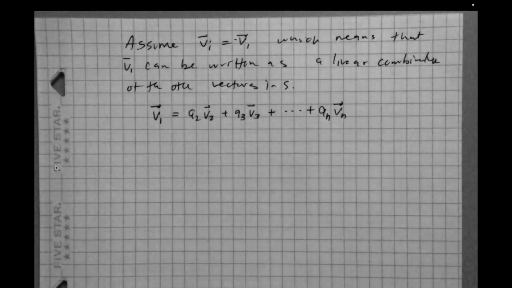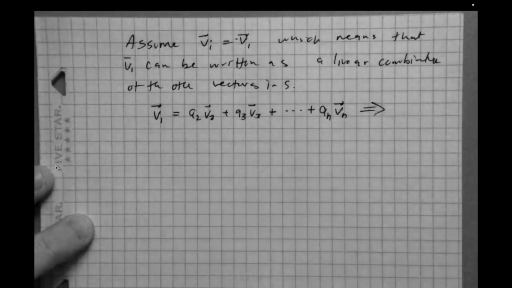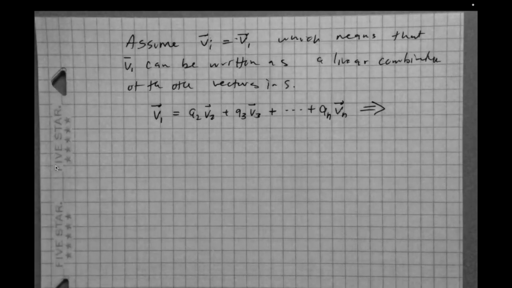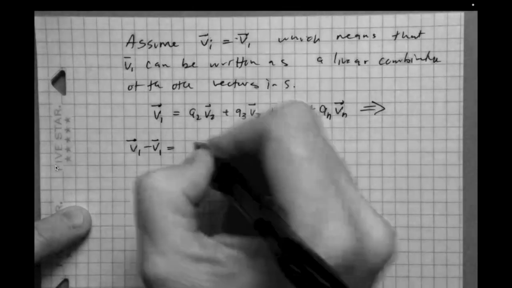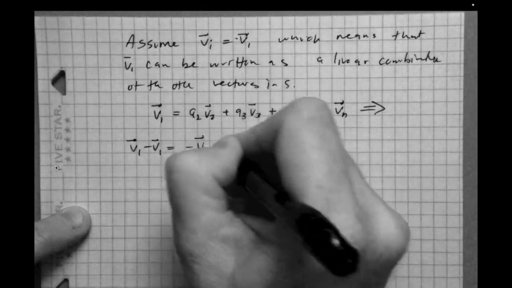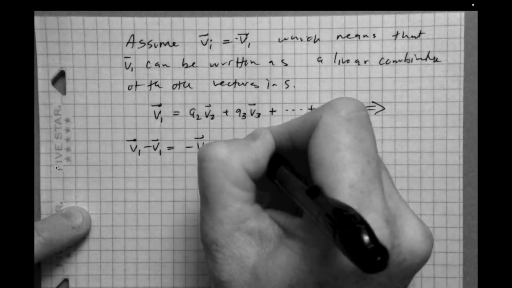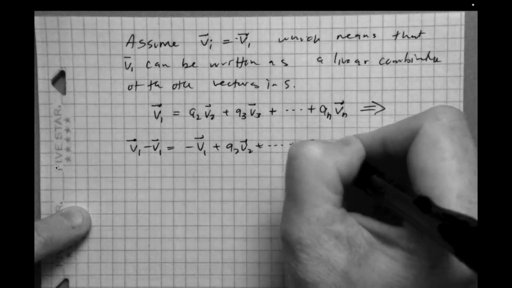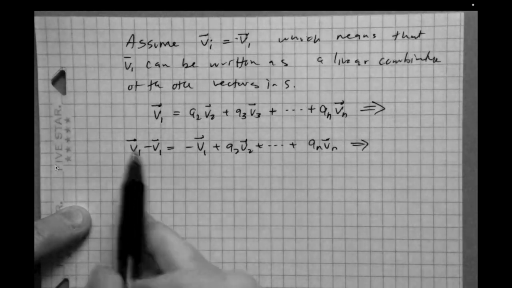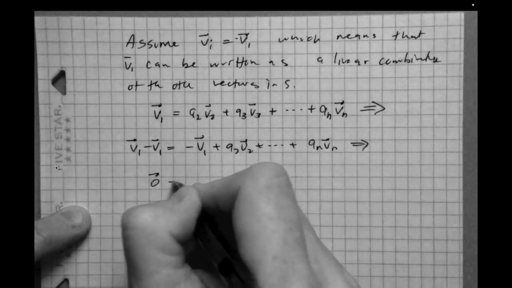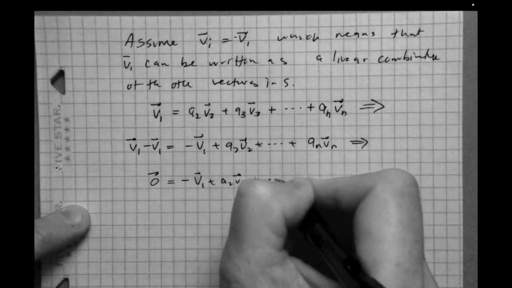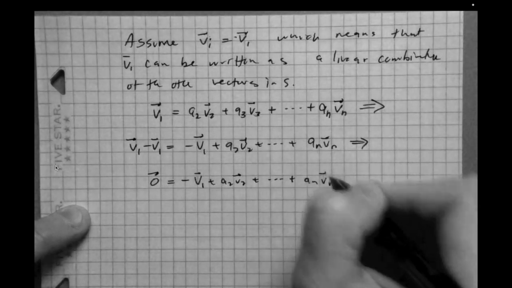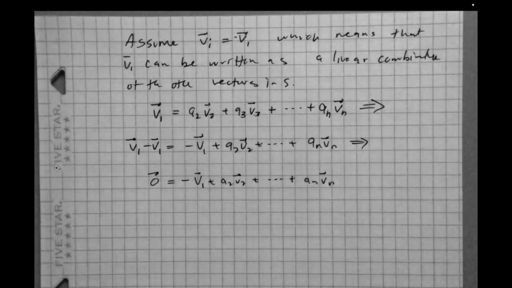Now some simple algebra can get you what you're looking for. Let's subtract v1 from both sides of this expression. So v1 minus v1 gives the zero vector, and that's equal to negative v1 plus a2v2 plus ... plus anvn. Are we done?